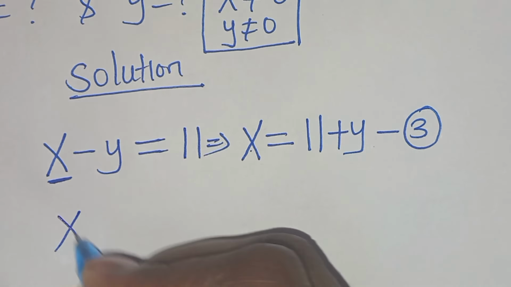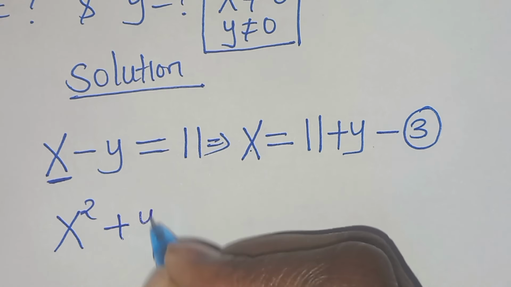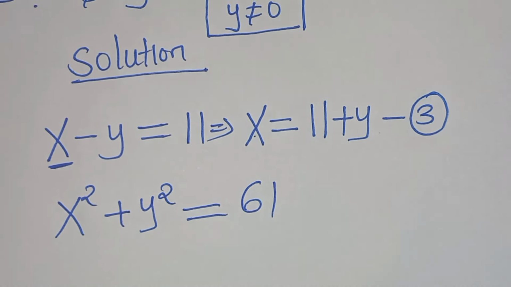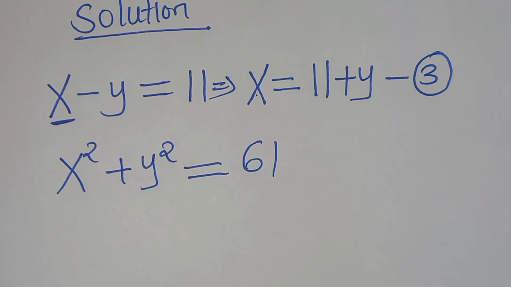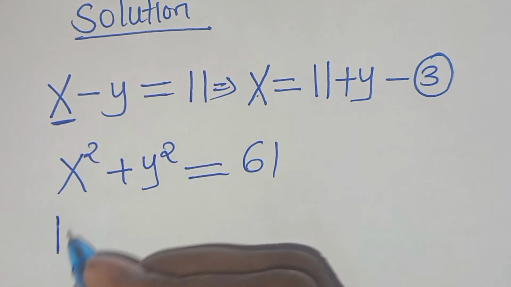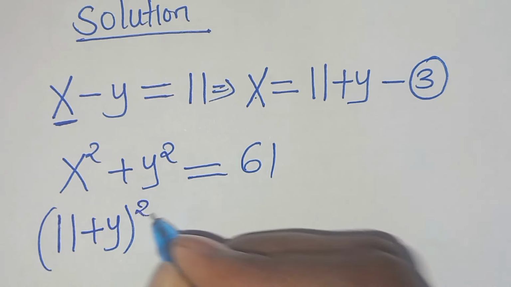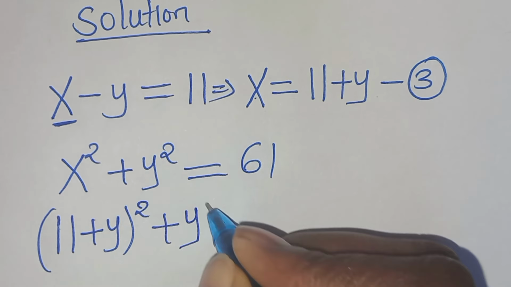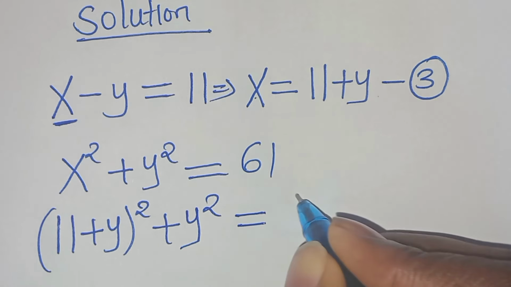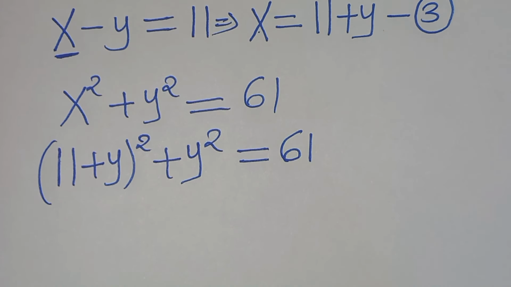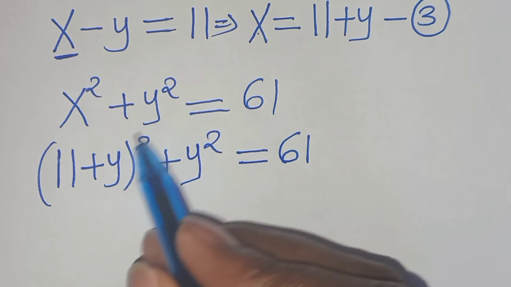Equation 1: x squared plus y squared is equal to 61. Let's substitute the value of x here, which is (11 plus y) raised to the power of 2, plus y to the power of 2, equal to 61. We have (11 plus y) raised to the power of 2.